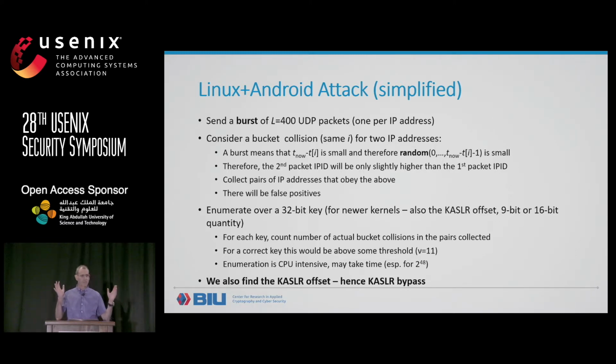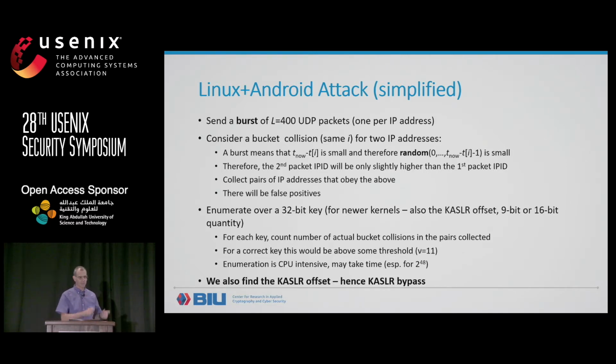So even with the worst case clock at 300 hertz, we are talking about less than 180. So the difference in IP ID values between such packets would be less than 180. This is as opposed to the average 32,000 that you get for two random IP addresses and two random IP IDs.